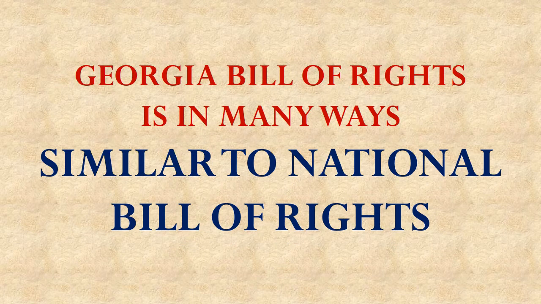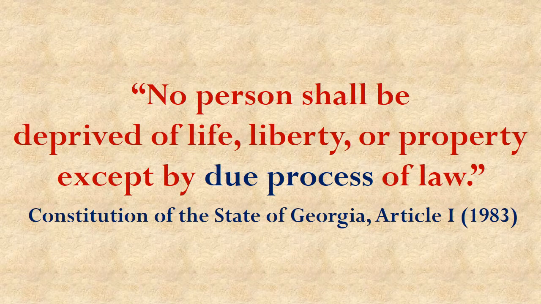Well, this list of things that the government of Georgia isn't allowed to do because of the Bill of Rights added to the Georgia Constitution, or I should say beginning the Georgia Constitution, that list is in many ways similar to the list of things that the national government isn't allowed to do in the National Bill of Rights. Let me give you one specific example. The Bill of Rights of the state of Georgia starts off saying that no person shall be deprived of life, liberty, or property except by due process of law.